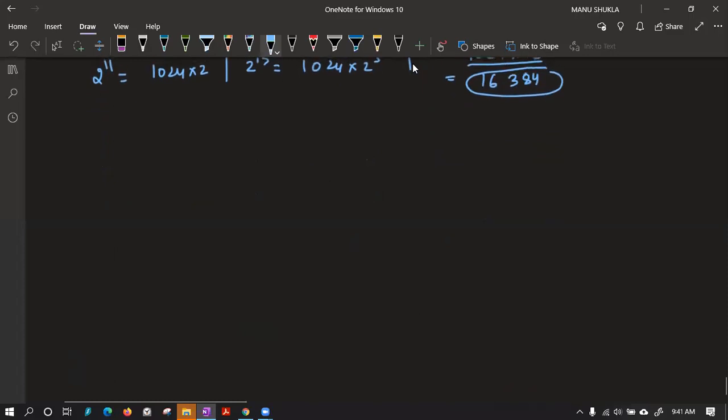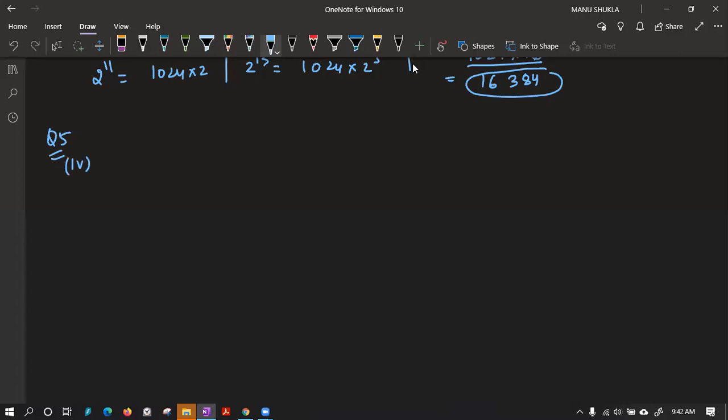Now let's take the next one. Question number 5. Yes, now all are finding the power on calculator. Question number 5 is: express each of the following as products of powers of their prime factors. Again, a very easy question. Suppose I take 3600, the fourth part.